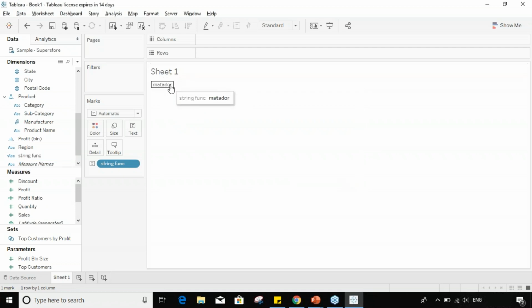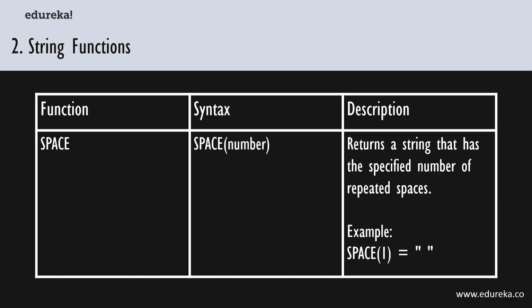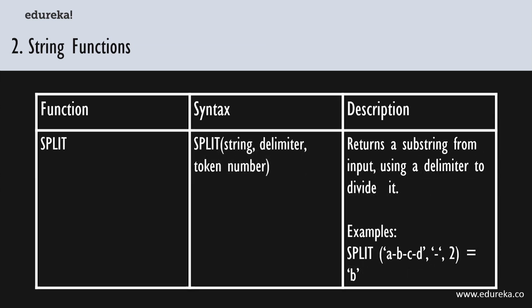And when we get it, you can see there is a space on the left, but not on the right, which is the opposite of ltrim, where we deleted the space in the left and we kept the space in the right. Next, you have space, which basically returns a string that is composed of the specified number of repeated spaces. So space 1 is going to give you 1 space, 2 is going to give you 2 spaces, so on and so forth. Then we have split.